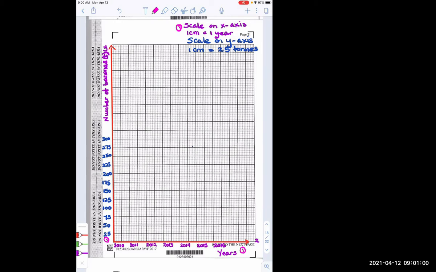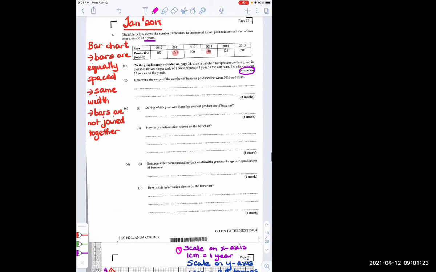For example, 1 cm represents 25,000. How do you represent that? That is illustrated on the diagram here. They also want to know that a bar graph is different from a histogram in the sense that in a bar graph, the bars are not joined together, but they are equally spaced and of the same width.